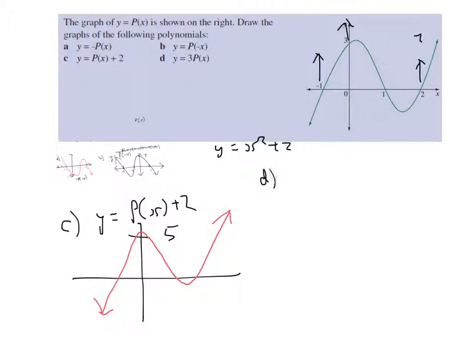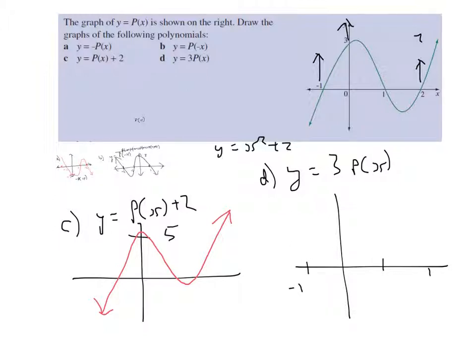Going through and doing question d, y is equal to 3 p of x. Some of you might remember from when we were doing Angry Birds that when you put a coefficient out the front of an equation, it just exacerbates it or makes it dramatically more bouncy. However, and here's the important part, the roots of the equation, or the points at which it crosses over the axis, do not change.